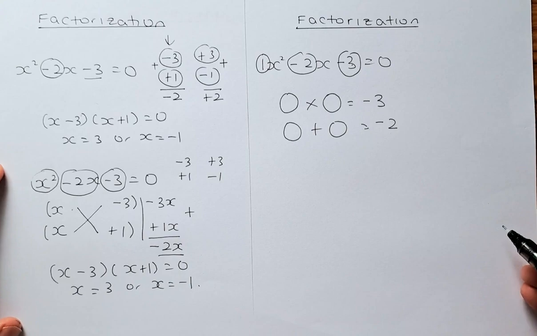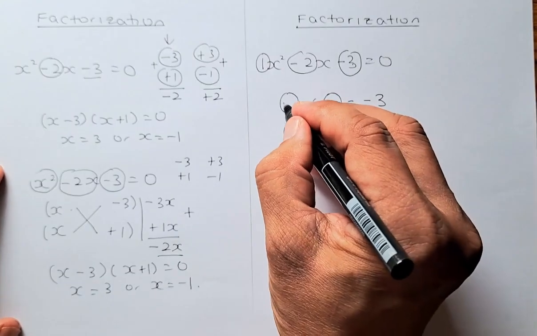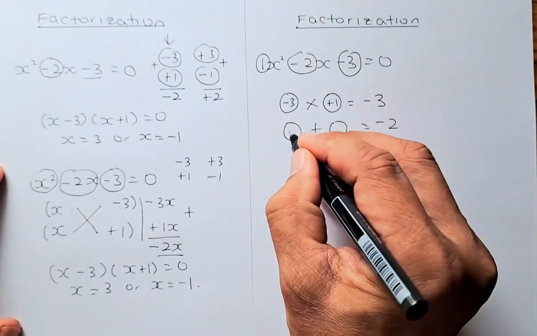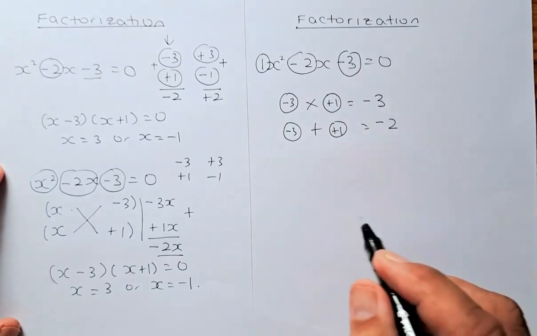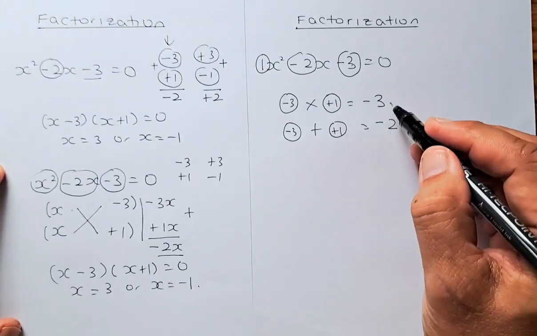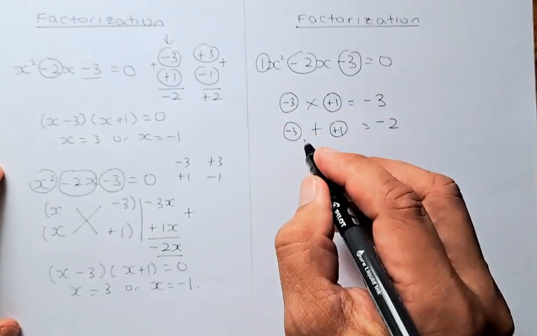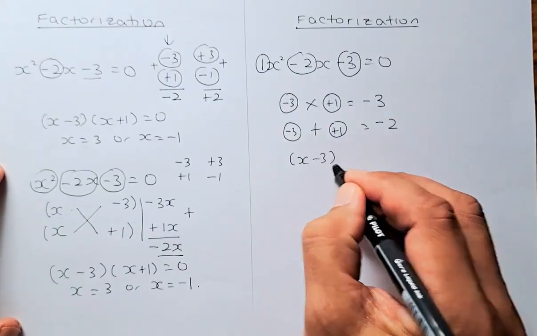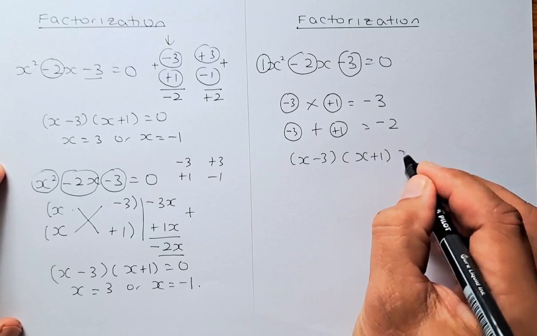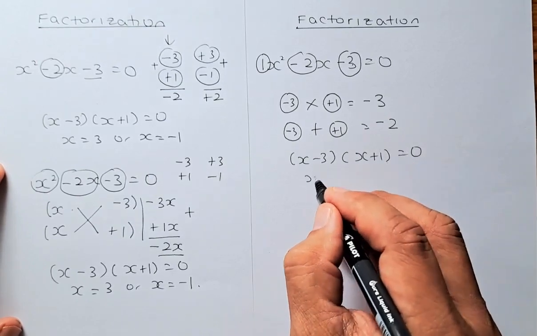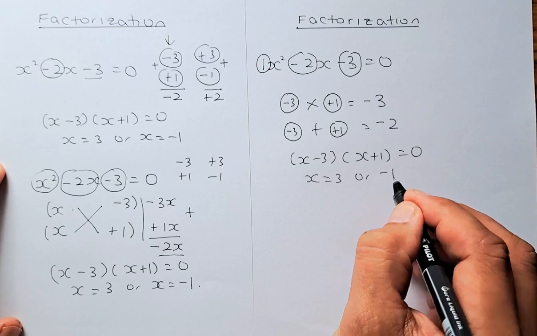Those 2 numbers are minus 3 and plus 1, because minus 3 times 1 is negative 3, and negative 3 plus 1 is negative 2. So the factors are x minus 3, x plus 1 equal to 0, and the answer is x equals 3 or negative 1.